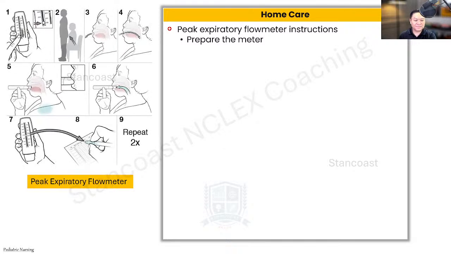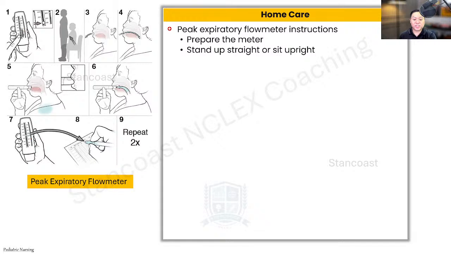I don't know if you have seen this device in the clinical setting, but what it does is help determine the severity of their condition, that they're not able to do the proper inhalation once they use this device. So what we are going to do here is make sure that the patient is aware about the measurement.